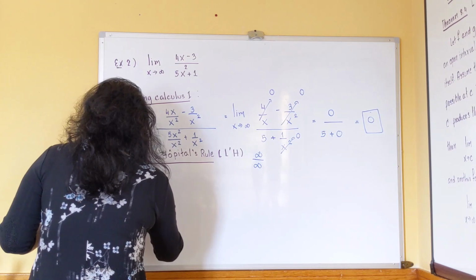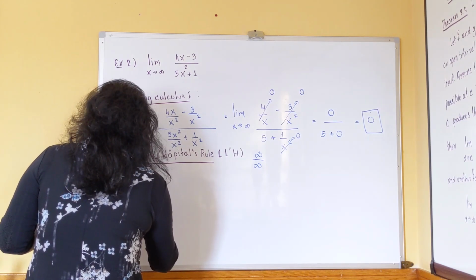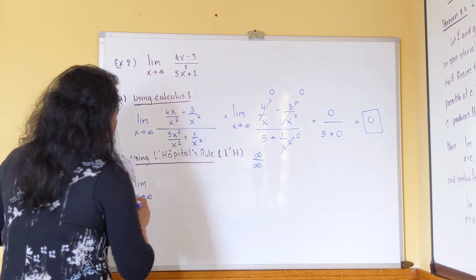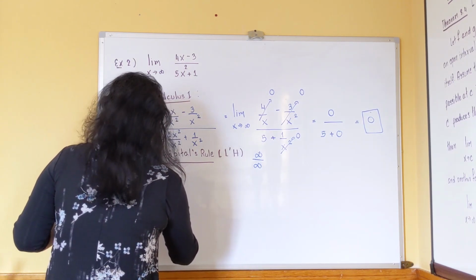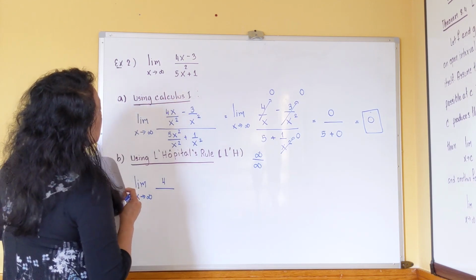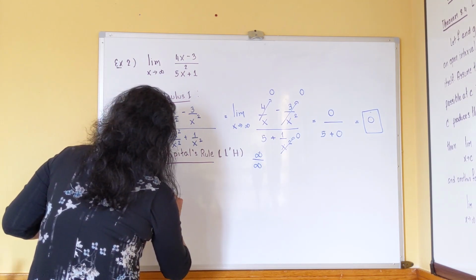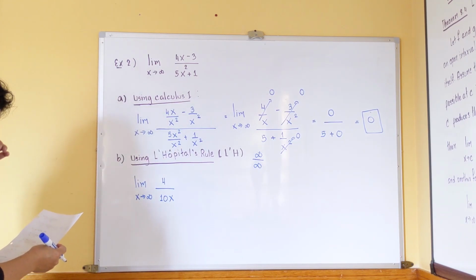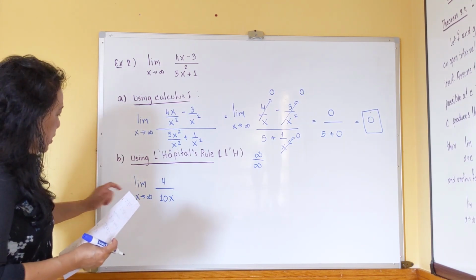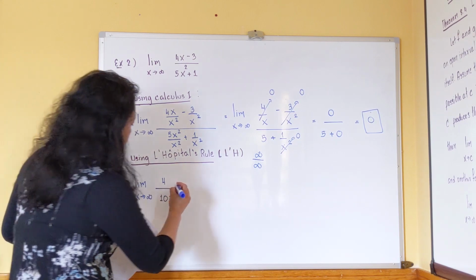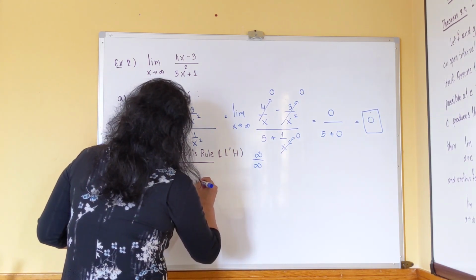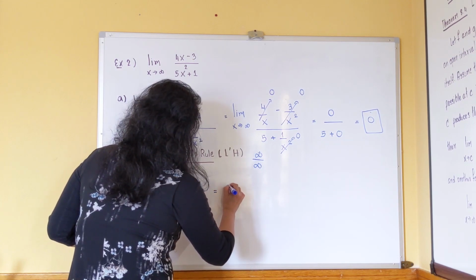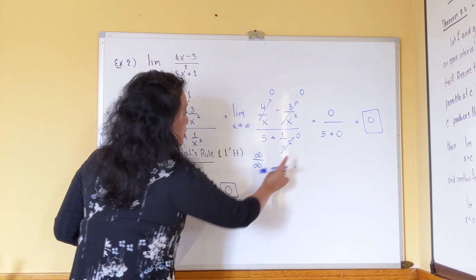Then I will have limit as x approaches infinity. The derivative of the numerator would be 4. The derivative of the denominator would be 10x. As x approaches infinity, you're going to have 4 over infinity, which is 0, the same answer.